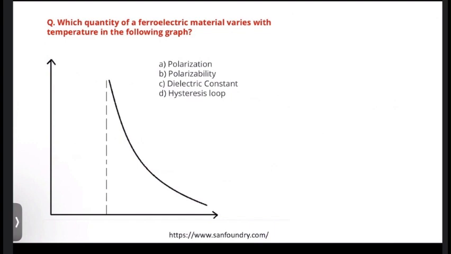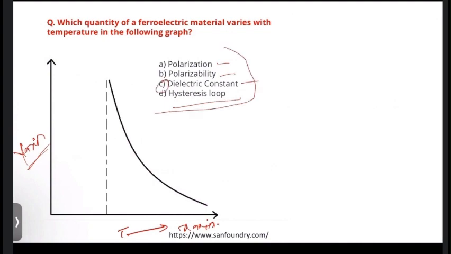So this is temperature, this is a hint. It is on the x-axis. What is on the y-axis? Anybody? Is it polarization, polarizability, dielectric constant, or hysteresis loop? It is dielectric constant.